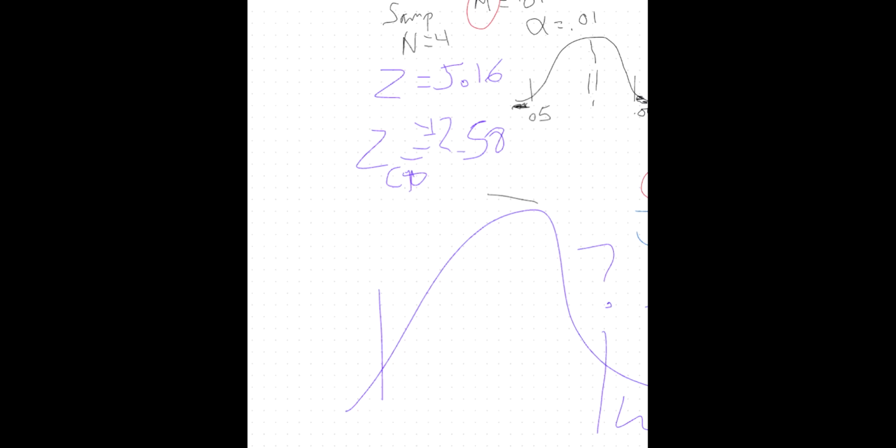Okay. So we know our z cutoff was plus or minus 2.58. And then we said our score that we received was 5.16. Before we move forward, we can already do a quick understanding in our heads. Do we think that we are able to reject the null hypothesis at this point?